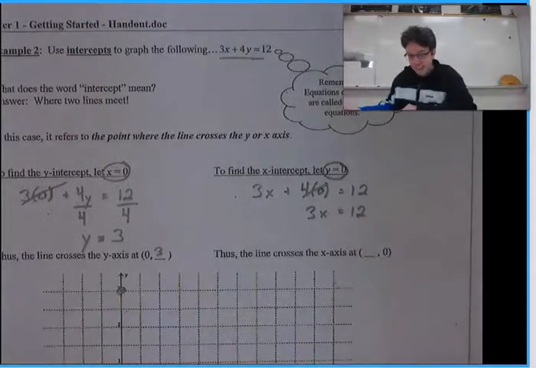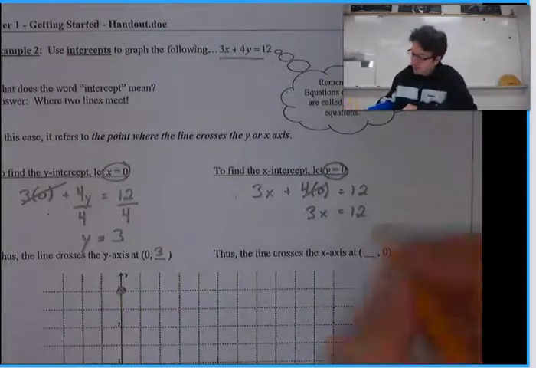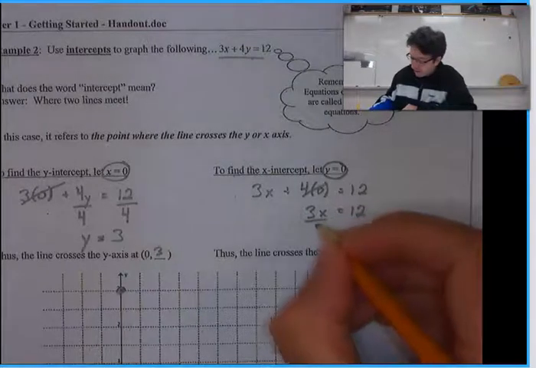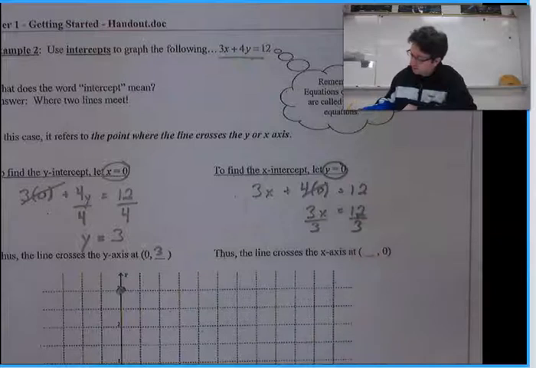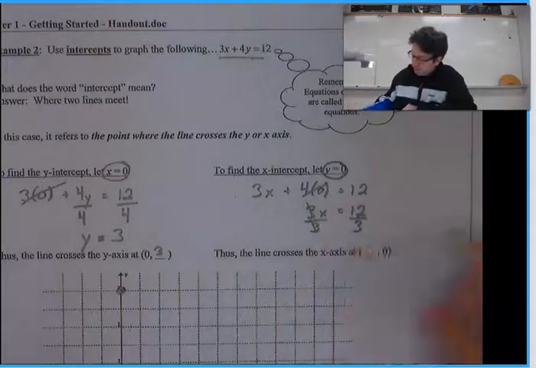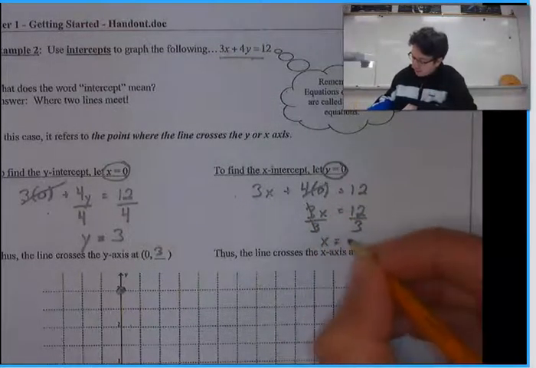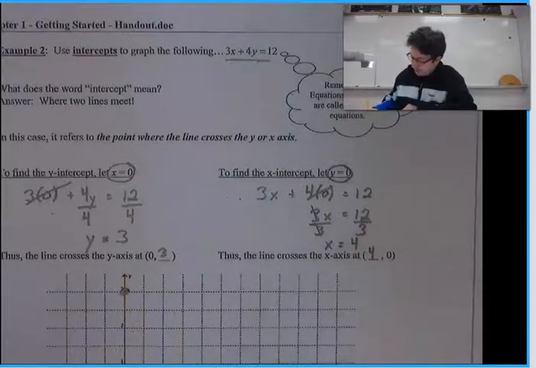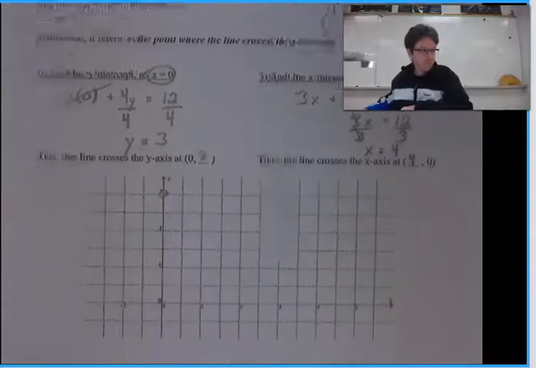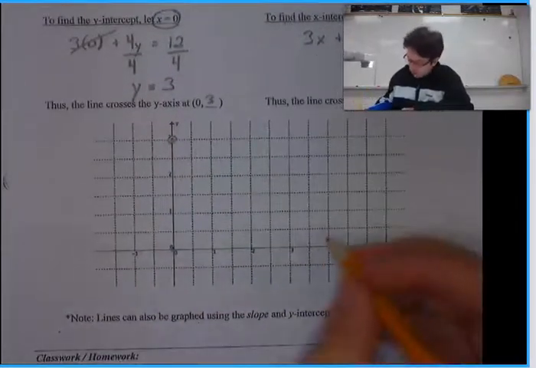Again, we need to isolate for x. If it's being multiplied by 3, we do the reverse operation and divide by 3, and to make sure we do it to both sides. 3 over 3 is 1, so we're left with x equals 4. So our x-intercept is 4 and 0, which would be right here.